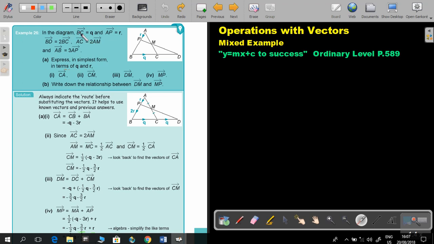In the diagram, BC is Q, and AP is R. BD is equal to 2 times BC. What does that mean? That means that if this is Q, then this will also be Q. And AC equals 2AM.